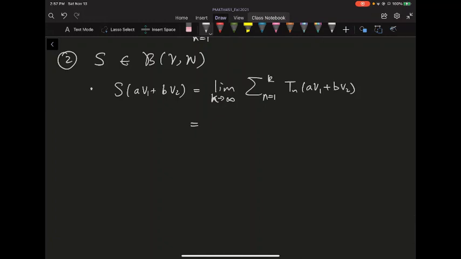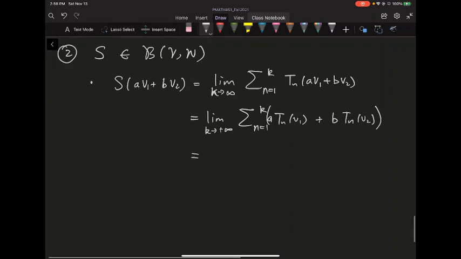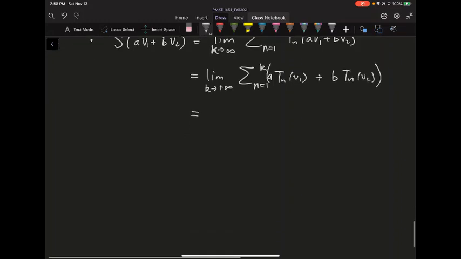But each of these Tn is linear, so I can break each Tn of A V1 plus B V2 into two parts. This is the summation n going from 1 to k of A times Tn of V1 plus B times Tn of V2. I'm only taking a finite sum, so I can break it into two parts.